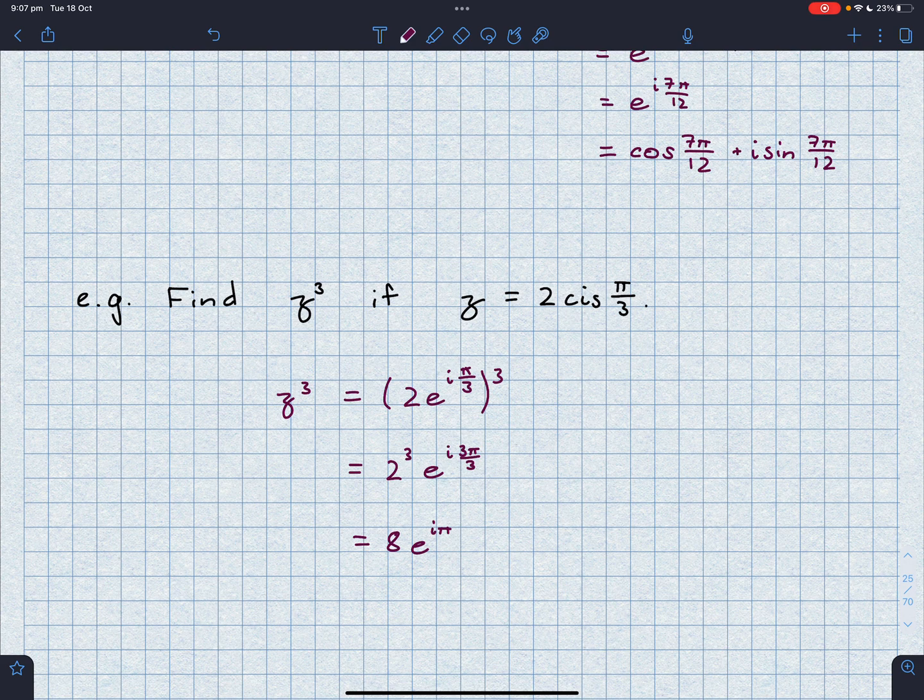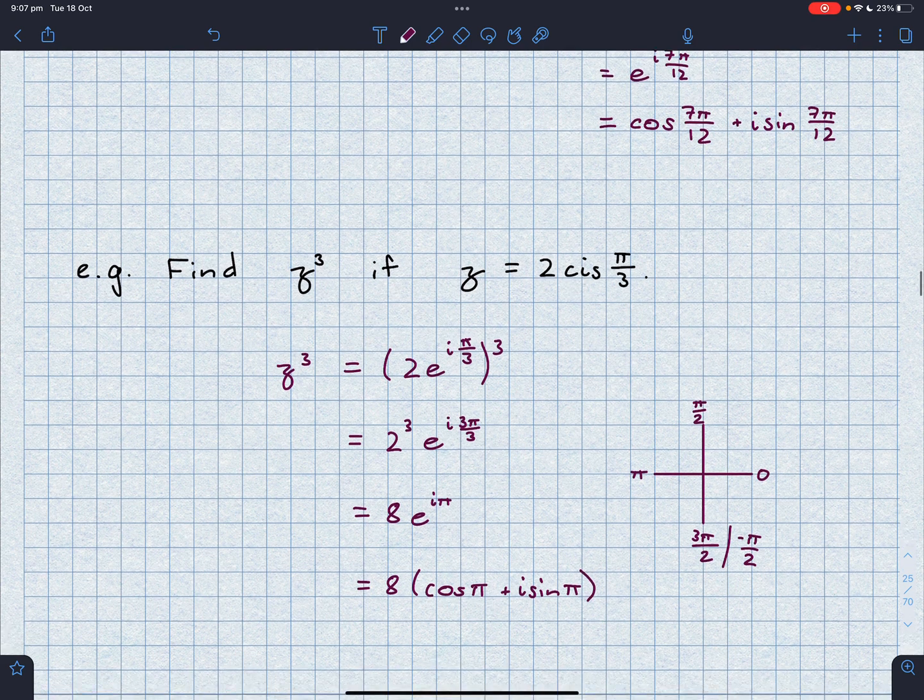Now, whenever I get one of my arguments that's on the boundary of a quadrant, so that's 0, pi on 2, pi, and then either 3 pi on 2, or if you're using principal arguments, negative pi on 2, that's where my number is going to be purely real or purely imaginary. So, to simplify this, I could write it as 8 cos pi plus i sine pi.